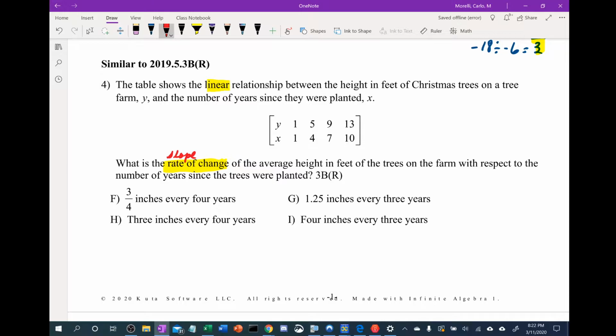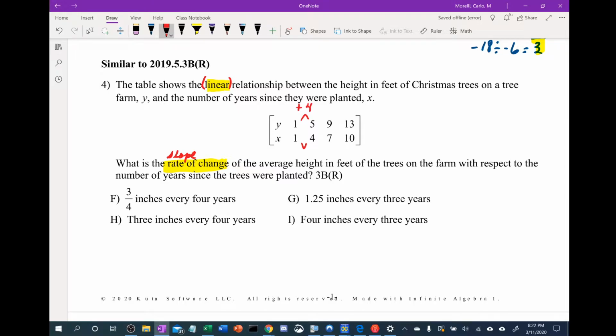If you wanted to compute it by hand and you know that it is a linear relationship, you only need to compute the change in Y and X between these two numbers. If the STAR test tells you that it's a linear relationship, you can trust it, where normally you'd have to check all these. So 1 to 5, that's plus 4.